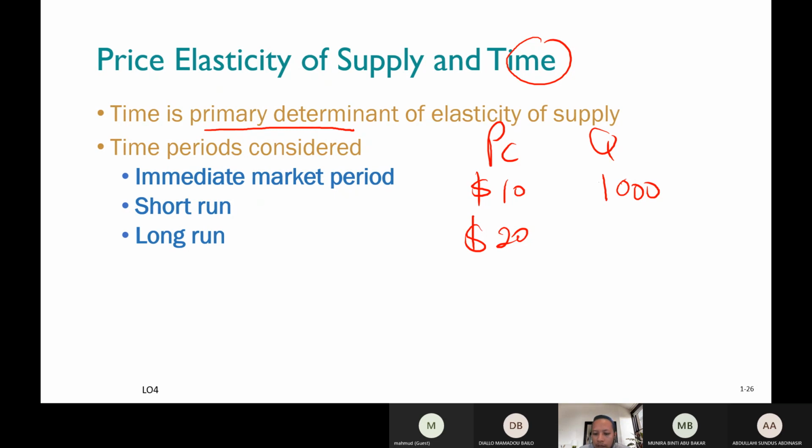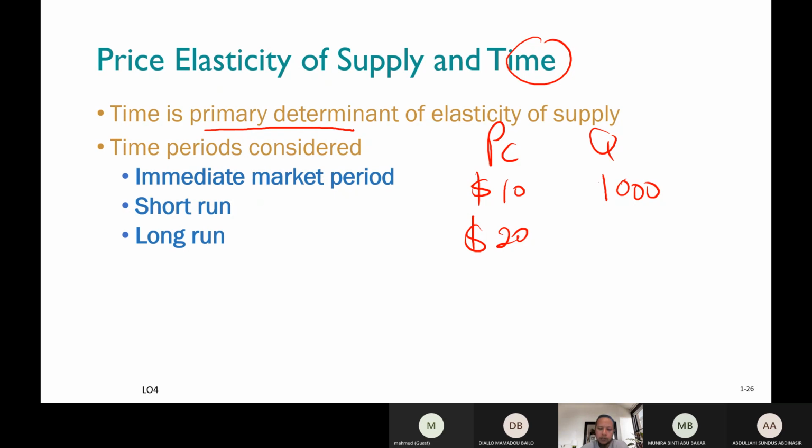Because I cannot simply increase the quantity that I supply of chickens immediately, because chickens need time to grow before I can sell. So in order for me to increase the quantity that I am supplying, it needs some time. I cannot just take some chicken out of nowhere and sell it in the market. Even though the price has increased, I want to sell more, I need some time to produce.